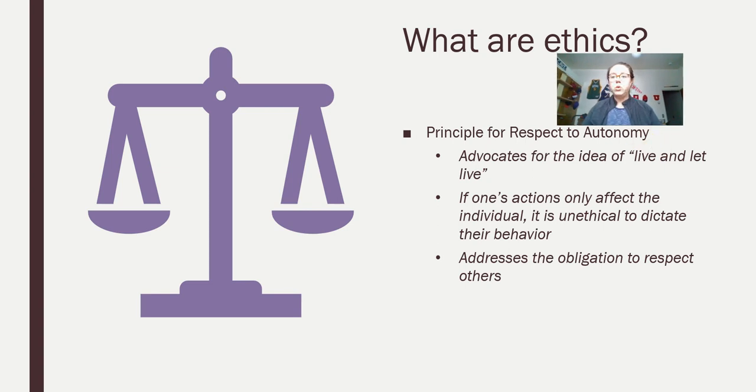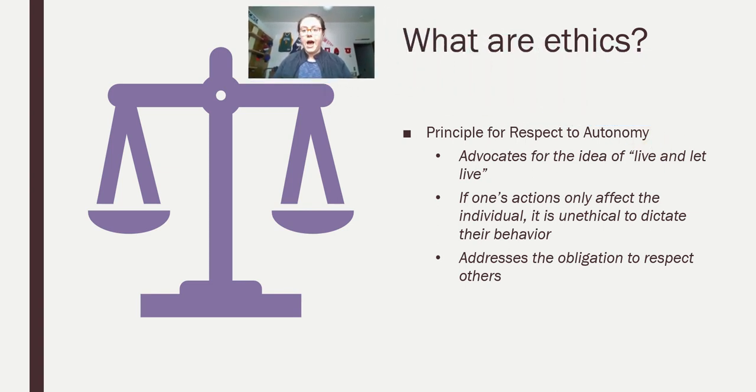The first that we will look at will be the principle for respect to autonomy. What that basically means is live and let live. So if one's actions only affect the individual, it is unethical to dictate their behavior. It also addresses the obligation to respect others and how they go about things.